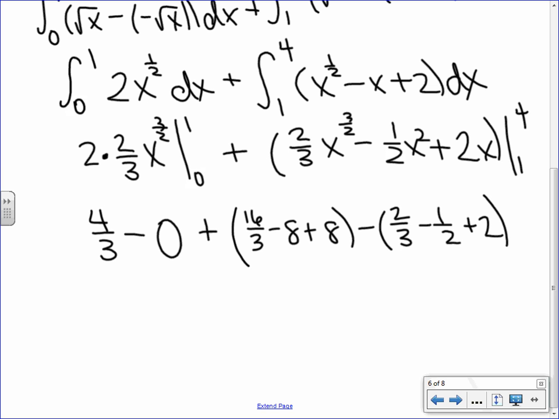Now, we don't have a calculator, right? What I would do, let's combine our fractions with a denominator of 3 first, because maybe it'll be a nice number, maybe not, I don't know. What is 4/3 plus 16/3? Minus 2/3. 18/3. 6.